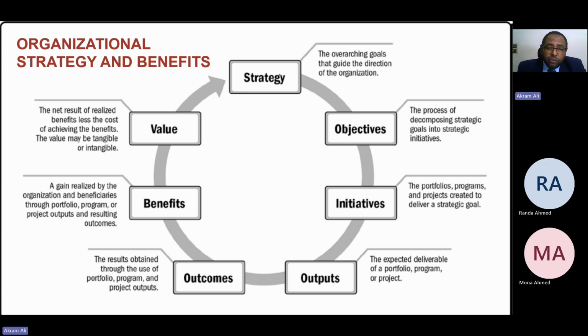So we always have to consider the external factors as well as the internal factors throughout the implementation phase of our strategic plan, cascading, and implementation.